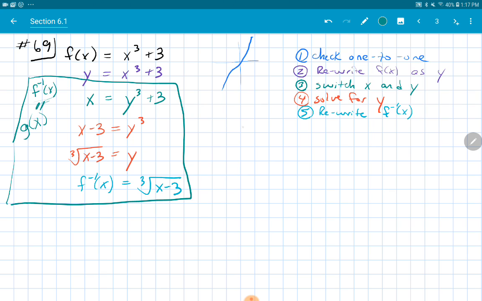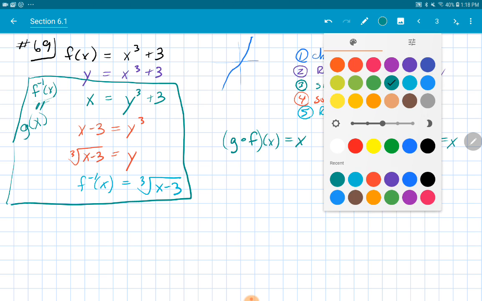So I can do g composed with f of x, and I want to see that those equal x, and I also want to do f composed with g of x. We'll get x. So I want to make sure that g can undo f and f undoes g. So both of those I will get x back.